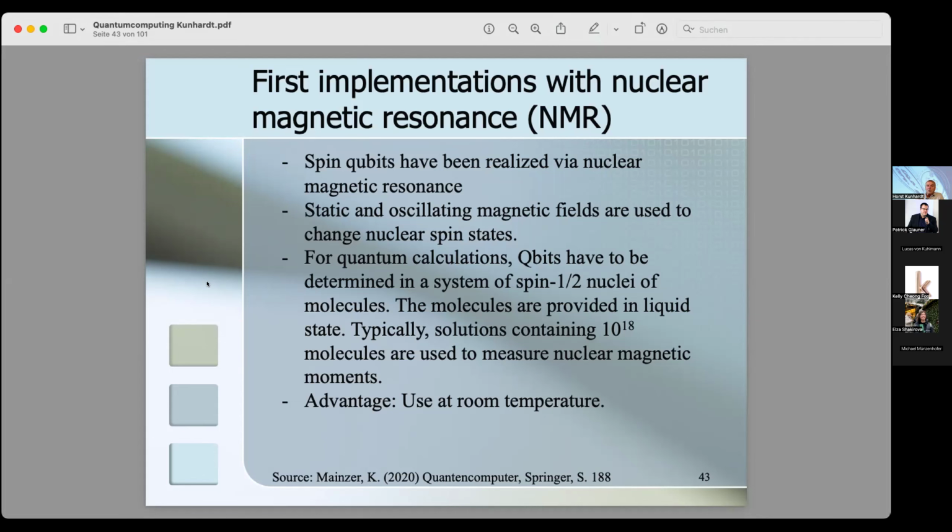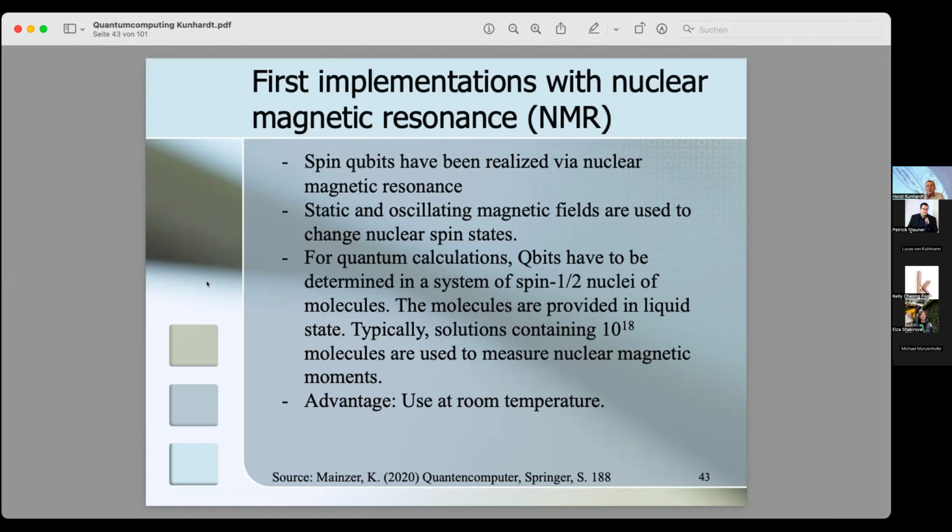For quantum calculations, we use a system of spins in nuclei of the molecules. Unfortunately, we need a really huge number of molecules in the liquid. Normally, these liquids contain 10 to the power of 18 molecules that are used to measure nuclear magnetic effects.